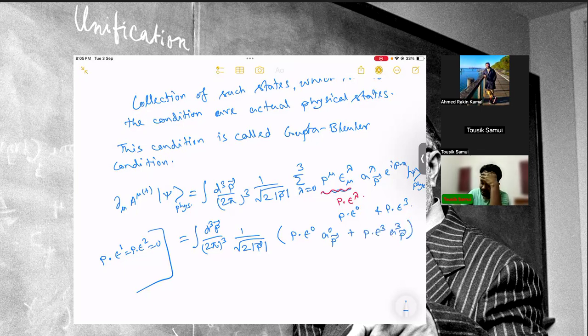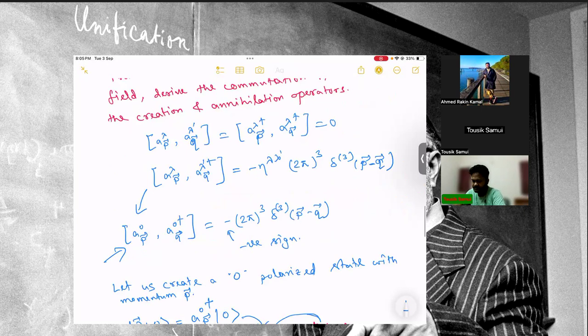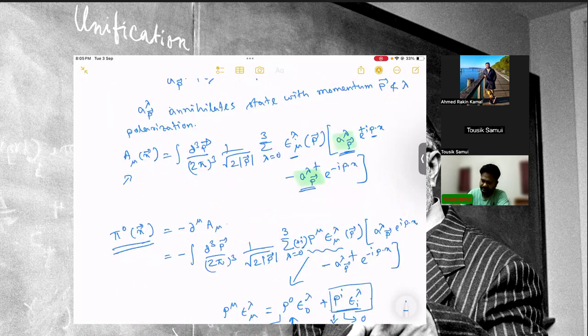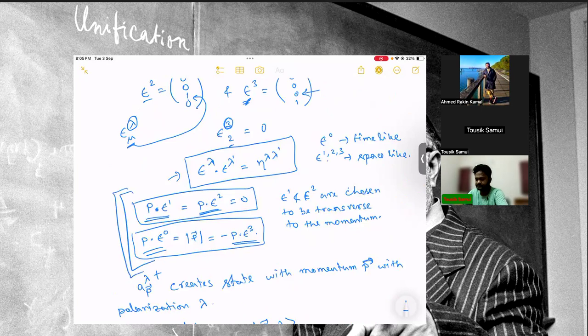And now remember that we also have the condition that this is the negative of this, which equals mod of p, that we can see here.